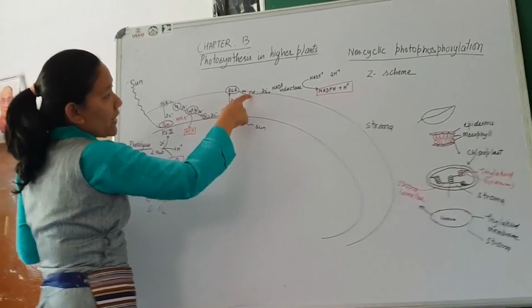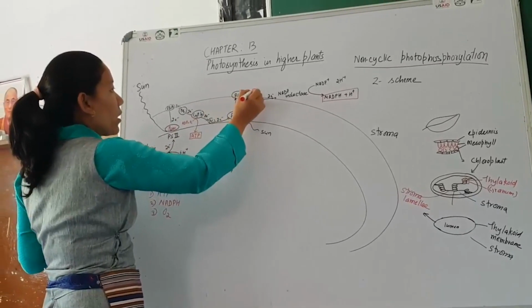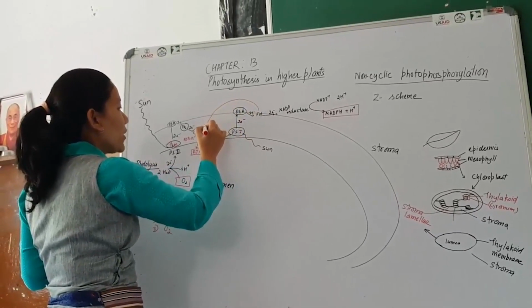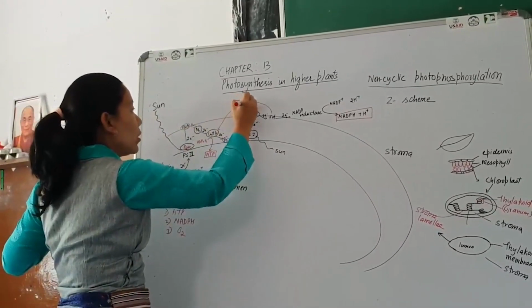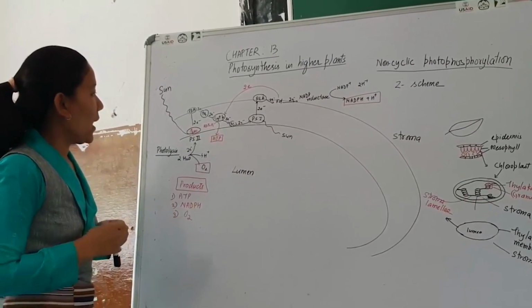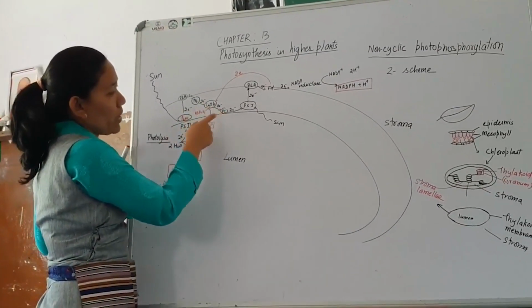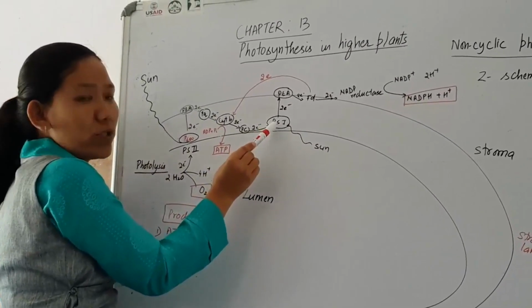It cannot pass the electron to NADP. Instead, it brings it back to cytochrome b6 or to plastoquinone. So the electron is passed on to the electron transport chain, and then cytochrome b6 passes it on to plastocyanin and back to photosystem 1.